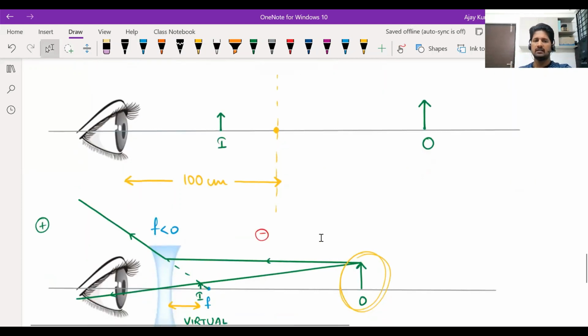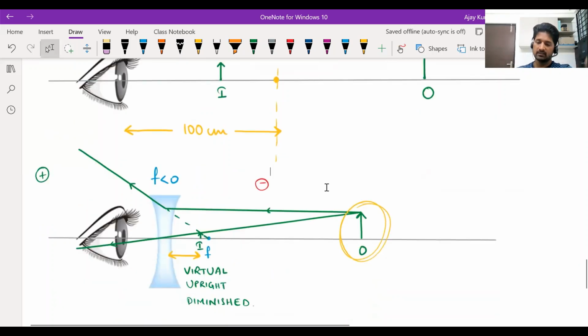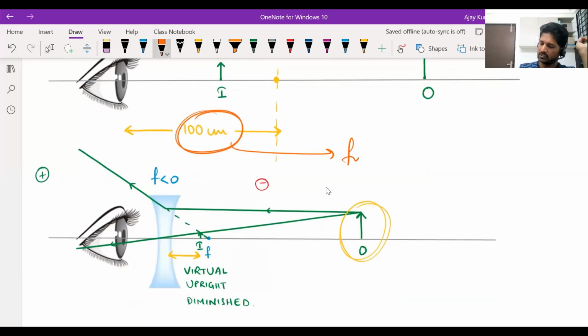And we know that a concave lens or a diverging lens forms images within the focal length. We want to form images within 100 centimeters. The diverging lens forms images within the focal length. That means this 100 centimeters itself should be the focal length of the diverging lens.